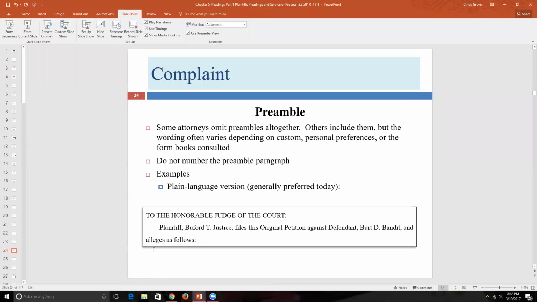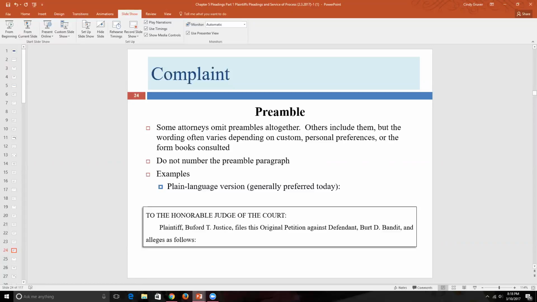Again, that's not wrong, and lots of attorneys would say that. Many times the "comes now" would be in all caps. It's an example of how it might be said, and there's nothing wrong with that, but probably better to stick to just plain English.